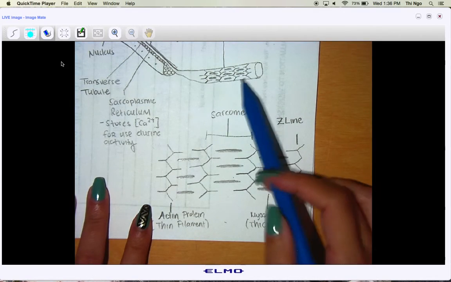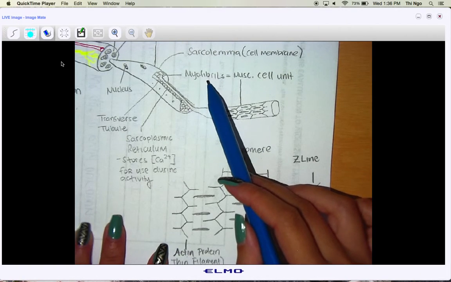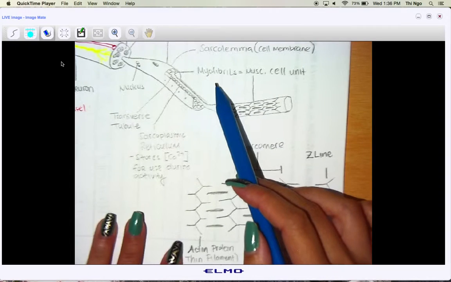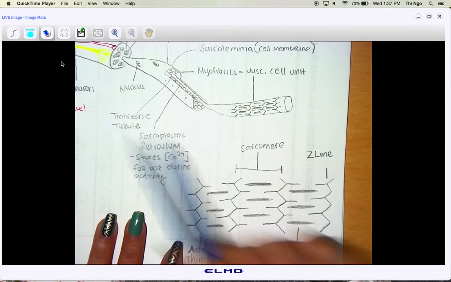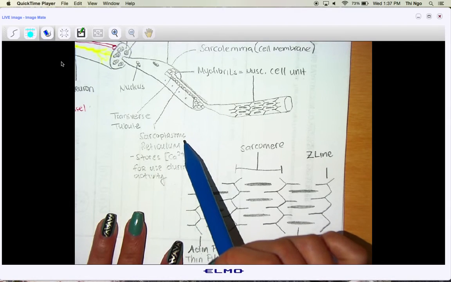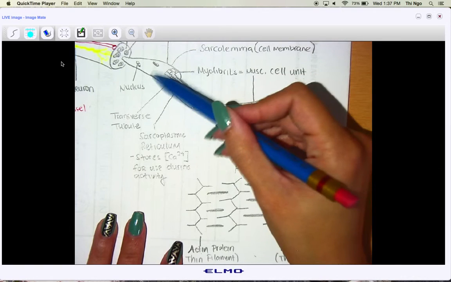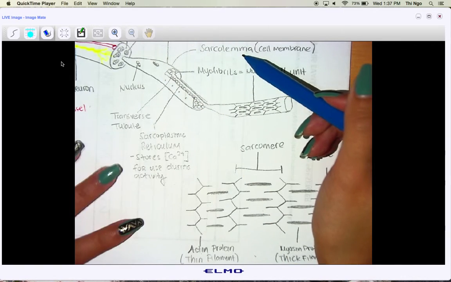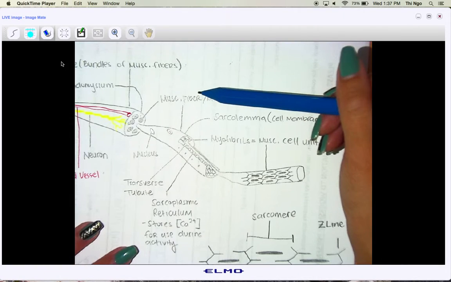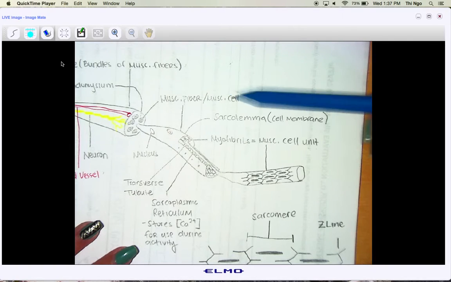And sarcomeres together make up a myofibril, which are covered in sarcoplasmic reticulum, and all of those together are wrapped up with a sarcolemma, and that is known as a muscle fiber, which is just another word for muscle cell.